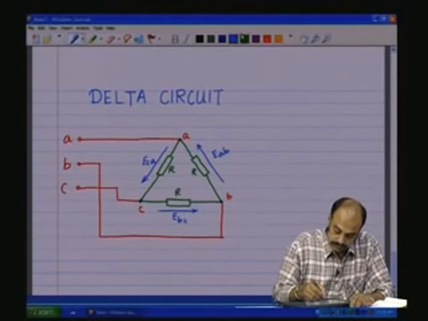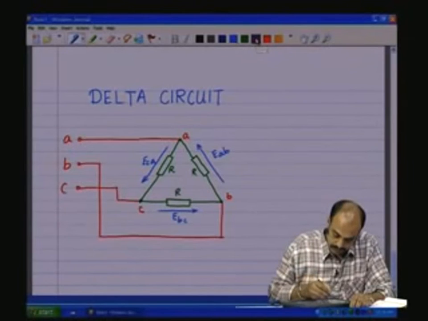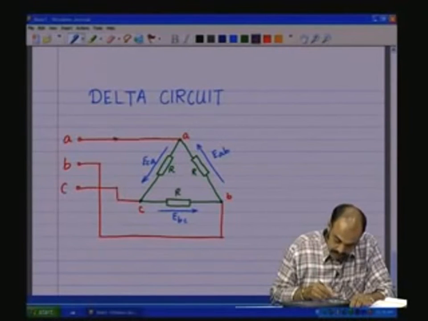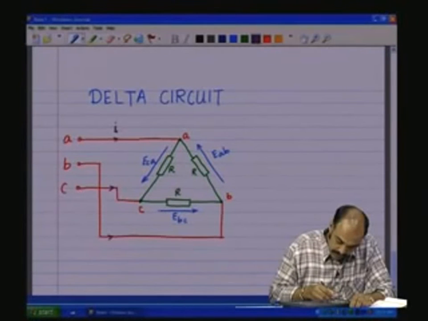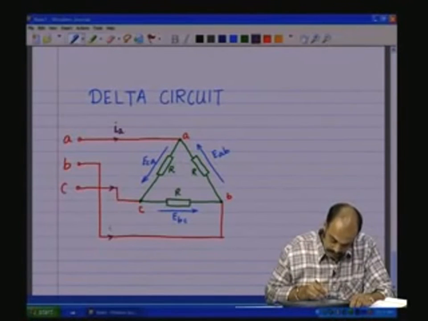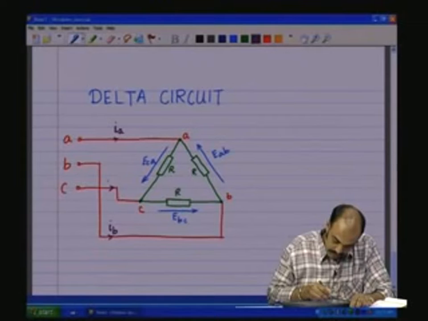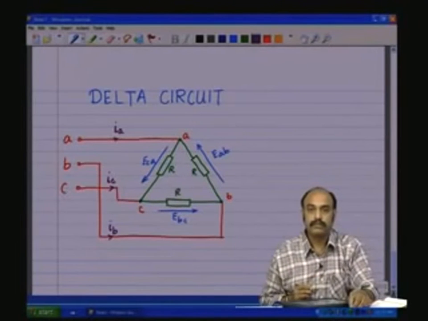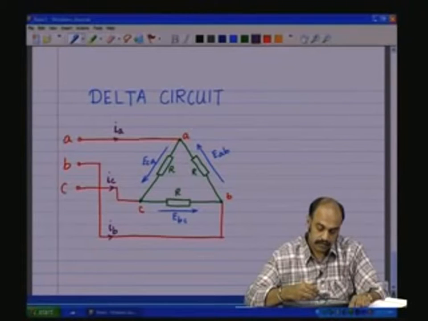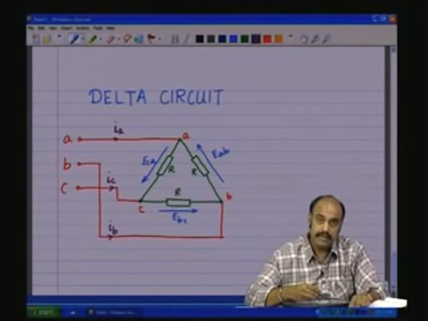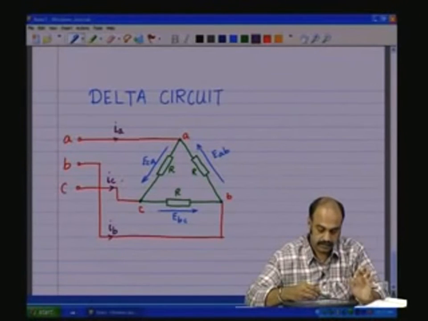Now, we need to define 3 line currents. So, you have I A, this is I B and this is I C. 3 line currents. Note that the phase voltages are the same as the line voltages in this case.